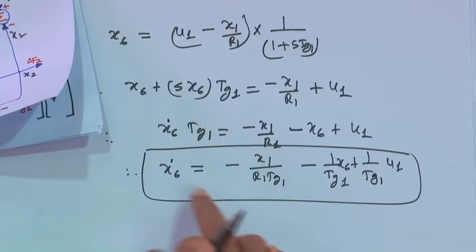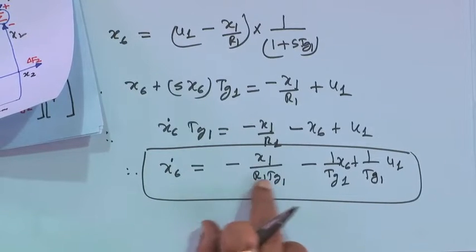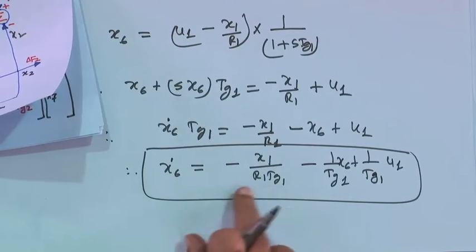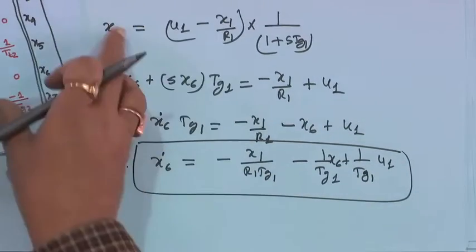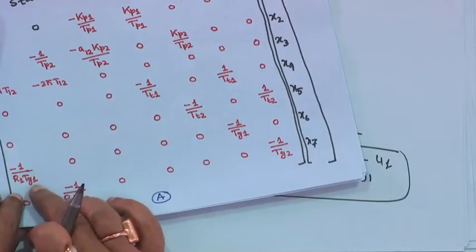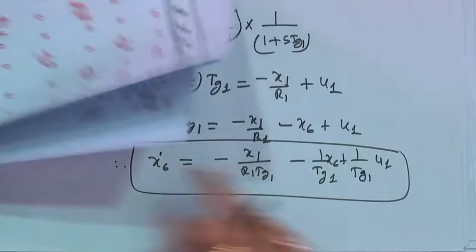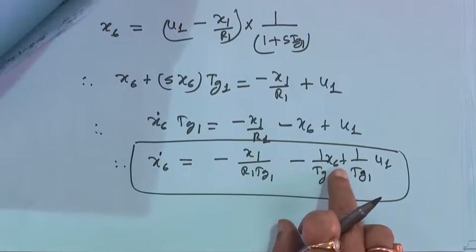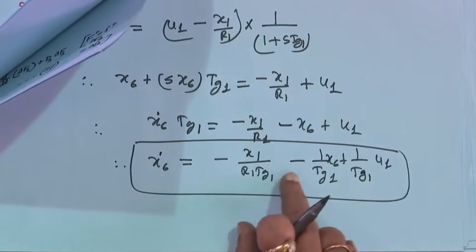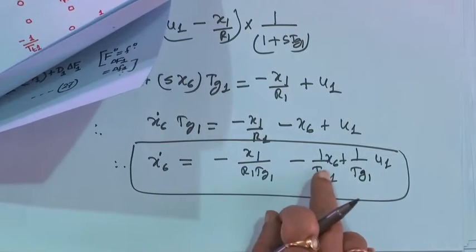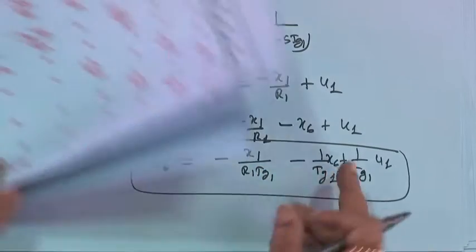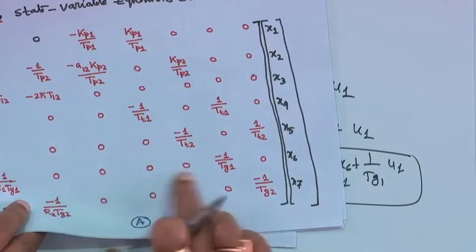So, this x6 dot: if you come to the sixth element, a61 will be minus 1 upon r1 Tg1. So it is x1, so minus 1 upon r1 Tg1, and then you come directly to the sixth element of that sixth row, because the rest in between, a62, a63, a64, a65, are all zeros.